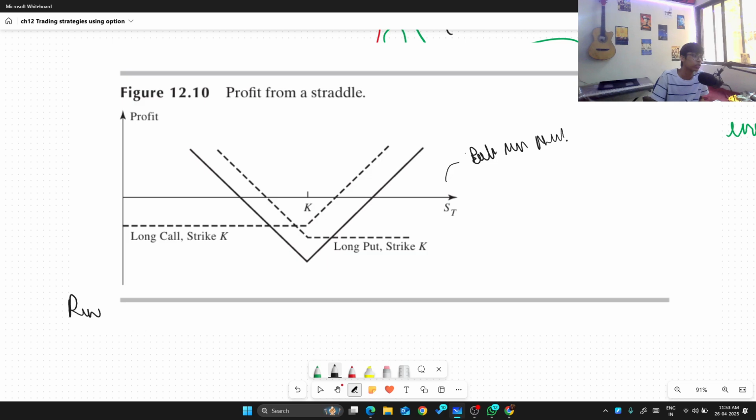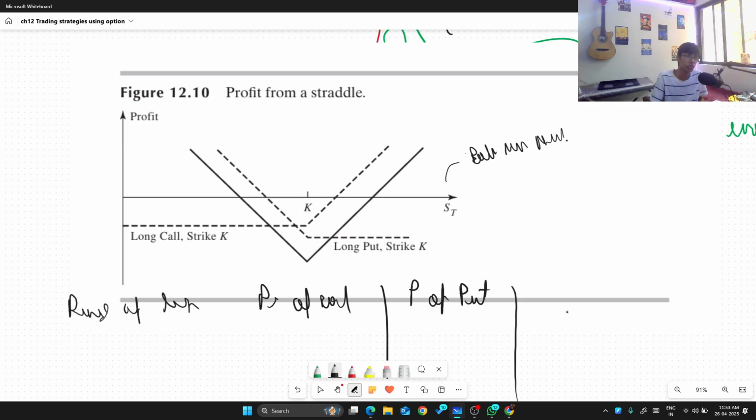Range of stock, payoff of call, payoff of put, and total payoff. So if ST is below K, the payoff of the call would be 0 and the payoff of the put would be K minus ST. And the total payoff would be K minus ST, right?